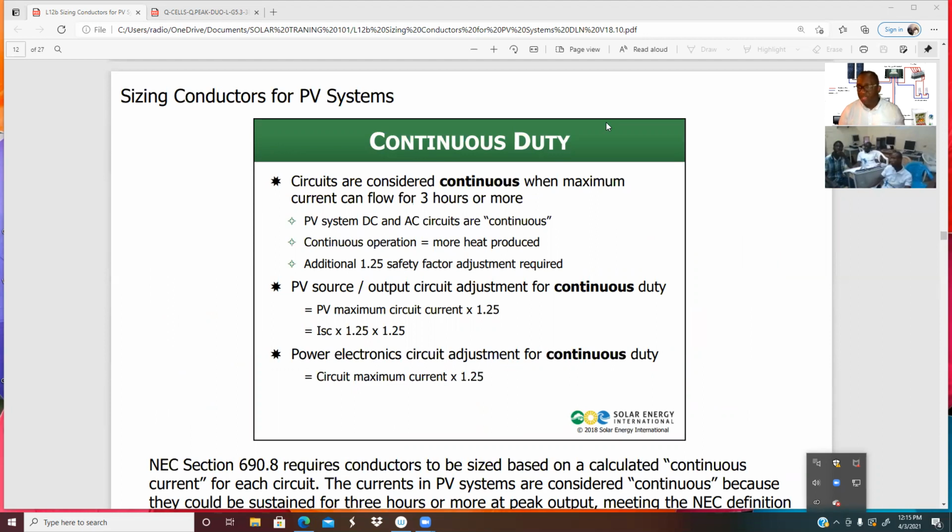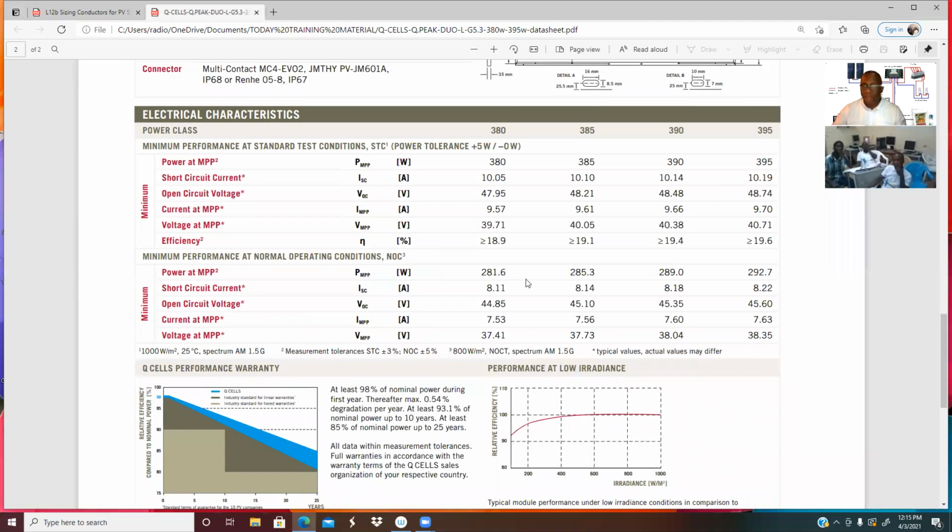So, like Mr. Kotuma said, this is the data sheet of this PV model. This is a Q cells PV model. They have different wattages: 380 watts, 385 watts, 390 watts, 395 watts. Now here is the short circuit current, the Isc. After the data testing, the Isc of the 385 model is 10.05 amps.